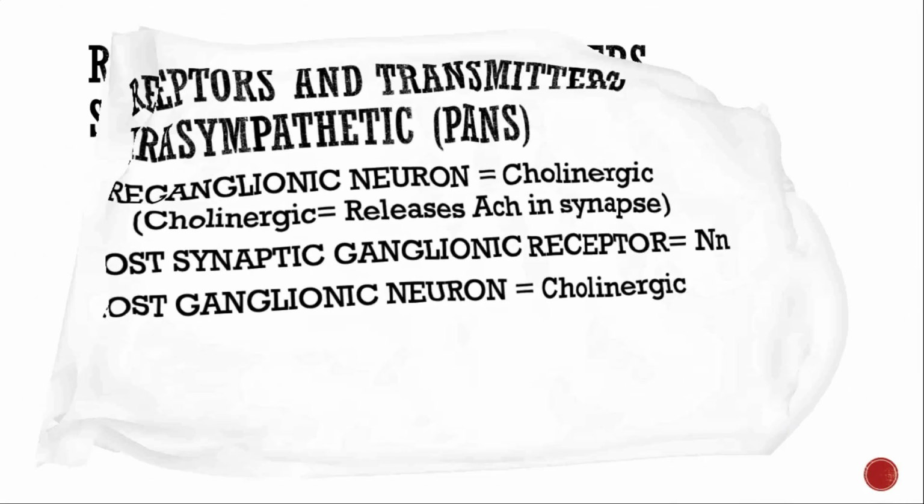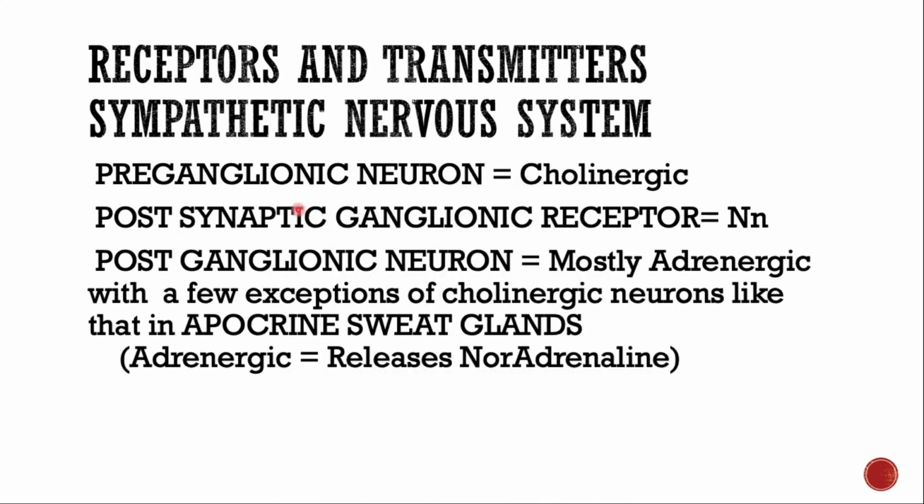Let's move into the sympathetic nervous system. The preganglionic fibers in the sympathetic neurons are cholinergic fibers, and they make a synapse the same way the parasympathetic neurons do, in the sympathetic chain lying around the vertebral column.